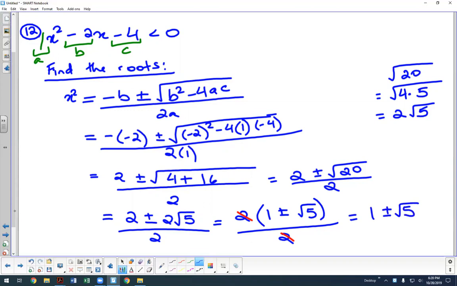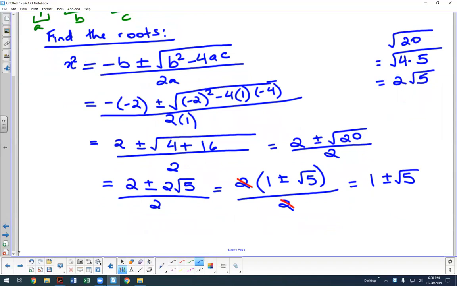And you know, once you get that value, you can see factoring definitely would not have worked out in this case, because you're getting such an odd looking root for your x-intercepts. Now, if I had to write these guys as ordered pairs, they would be 1 minus square root of 5, 0, and 1 plus square root of 5 and 0.